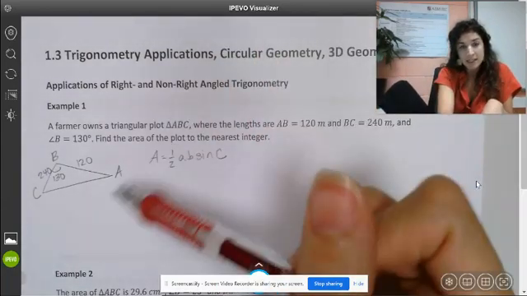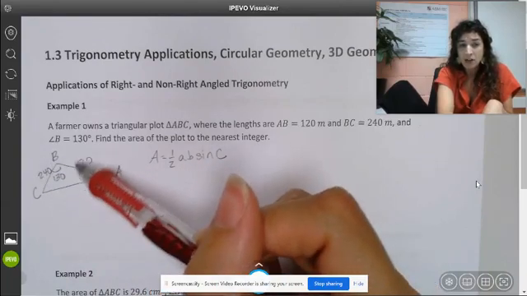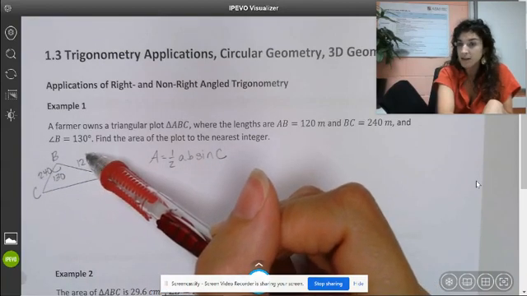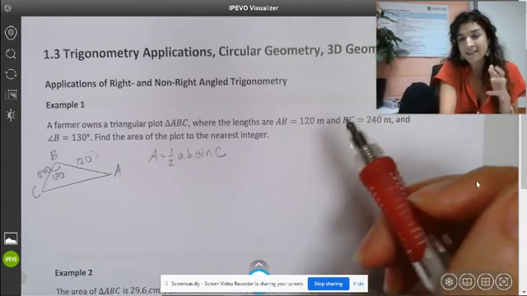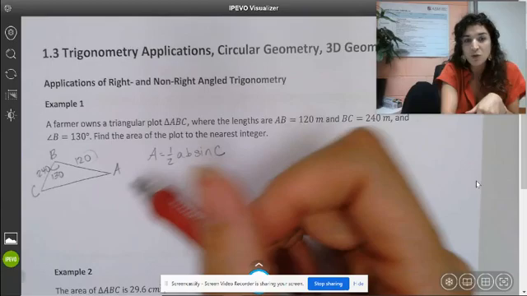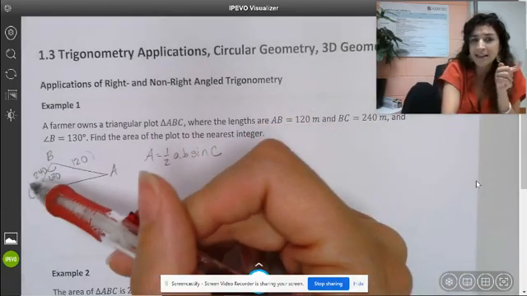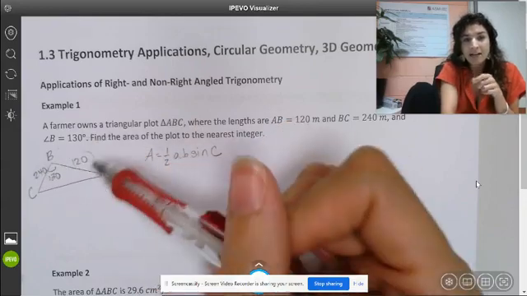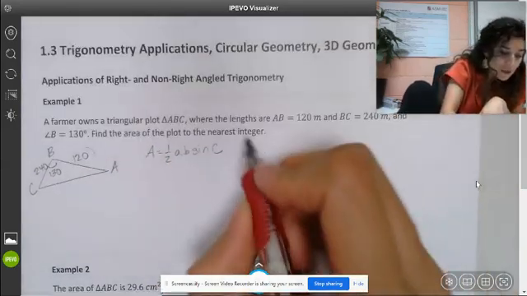I'm using A, but I'm actually using lowercase c here for my other side length. It doesn't matter. All I want you to know is the relationship. I will plug this in for A and this in for B, or the other way around. It doesn't matter, as long as I use the angle in between them.